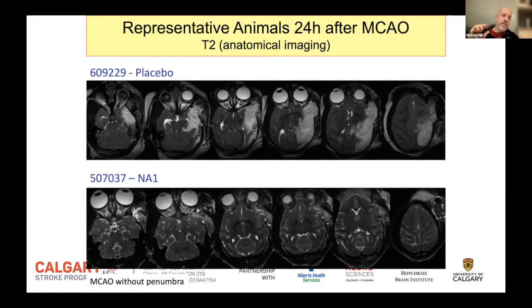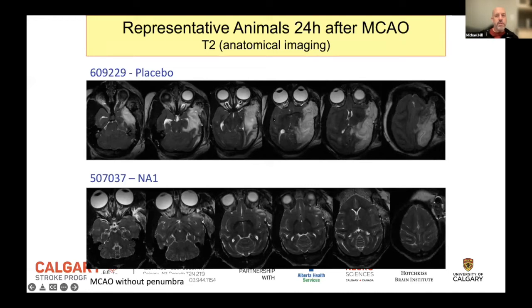Each of the monkeys was brought to anesthesia, had a small craniotomy, and had a temporary aneurysm clip placed on their middle cerebral artery. So they had surgical M1 occlusion, and that clip was left on for 3.5 hours and then removed, and all the monkeys had reperfusion. And the distinction was that half an hour before the clip was removed, they were randomized to receive nerinetide or placebo.